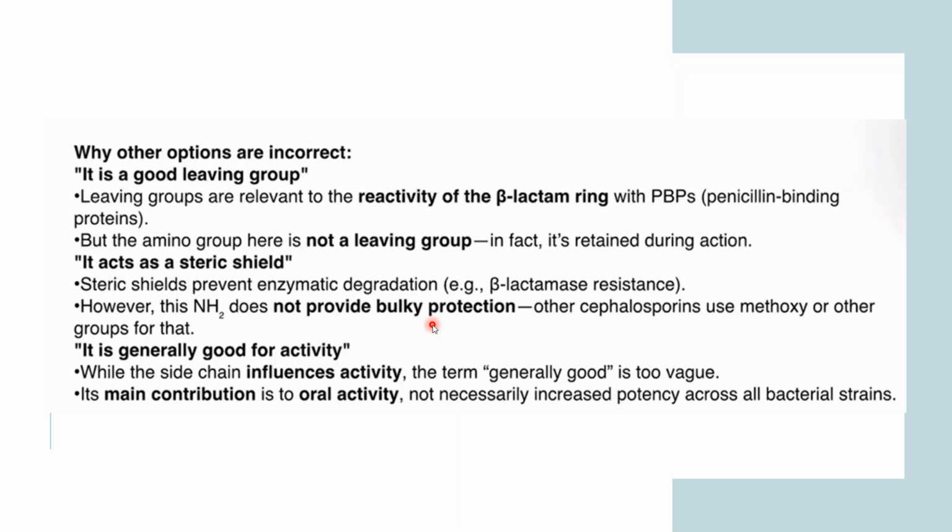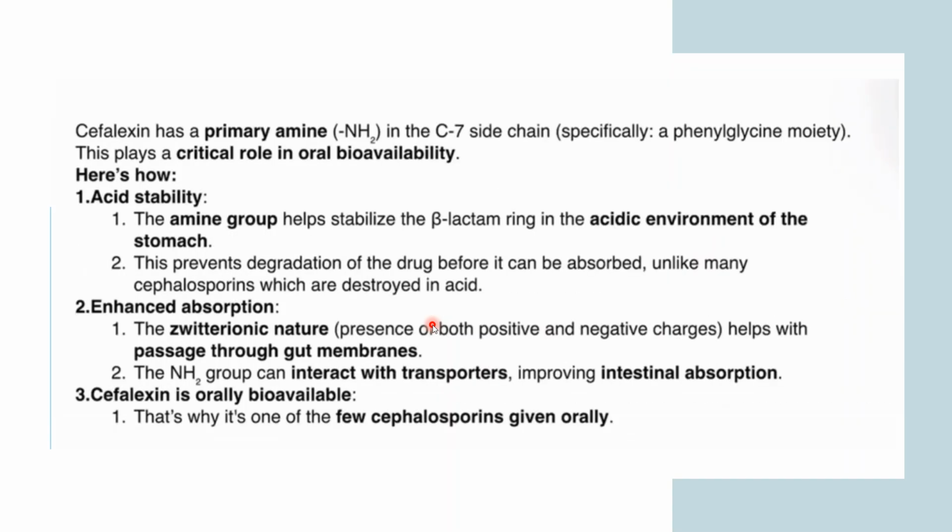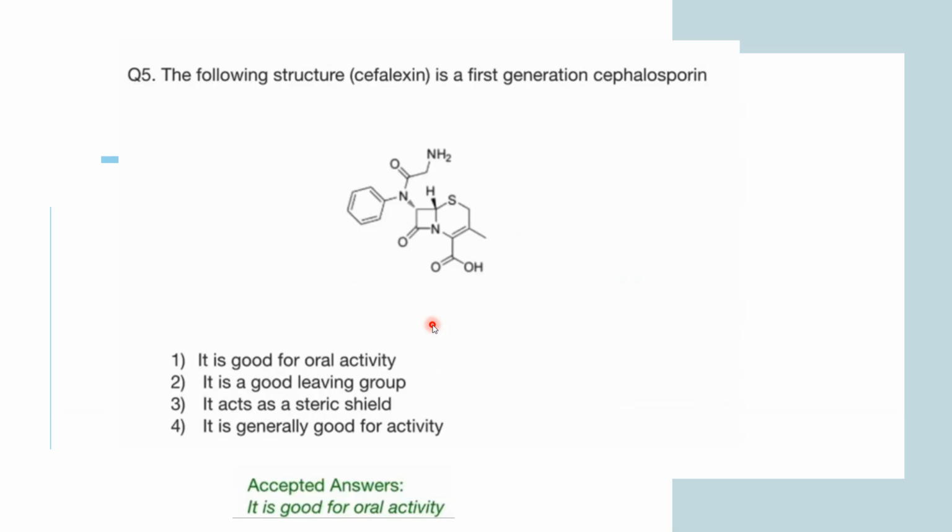This is how they are giving that particular thing an increased oral bioavailability. So that is why these three things are incorrect, and only this option, the primary amine, is responsible for that oral bioavailability, that is good for oral activity. It is the right answer in the case of cephalexin.